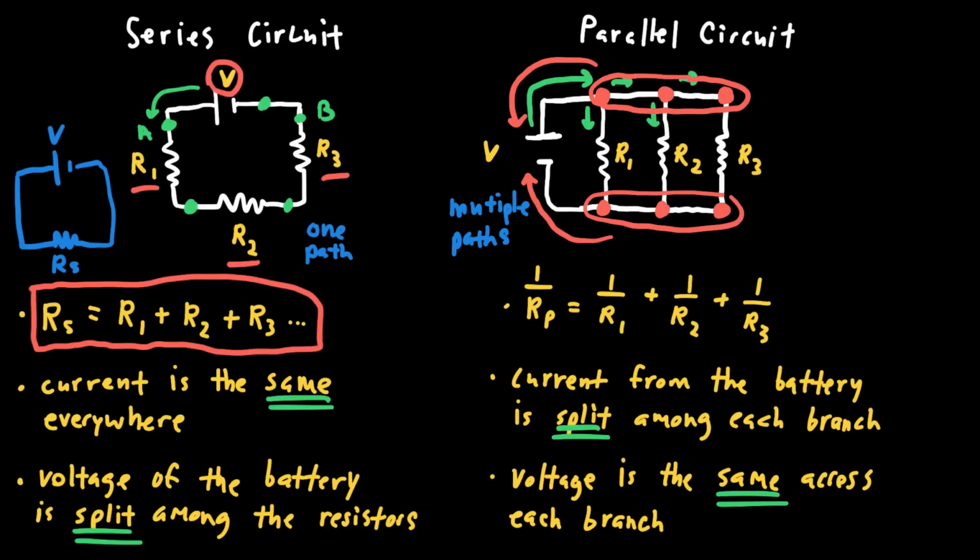And so in general, you should expect that the voltage of every single element in a parallel circuit is going to be the same. Now, what that means for us is if each circuit element is getting the full voltage of the battery, then the battery for the parallel circuit is going to die quicker than the battery for the series circuit.